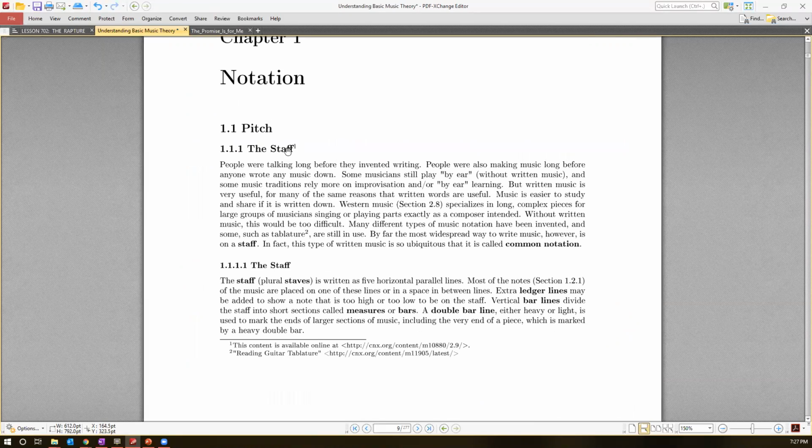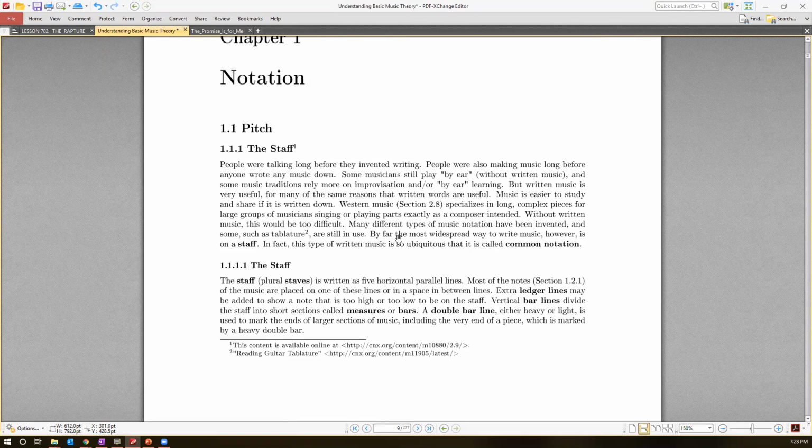Now the staff. People were talking long before they invented writing. People were also making music long before anyone wrote any music down. Some musicians can sing by ear, but without written music, that would be too difficult. Many different types of music notation have been invented, and some, such as tablature, are still in use.